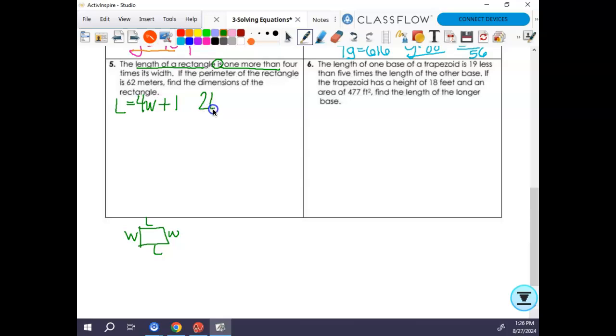So 2 times the length plus 2 times the width equals, so it says the perimeter is 62 meters. There are your 2 equations. Okay, you see how that works? And it says find the dimensions, which means we want length and width. Go forth and find. I would say substitution again would be a good approach.